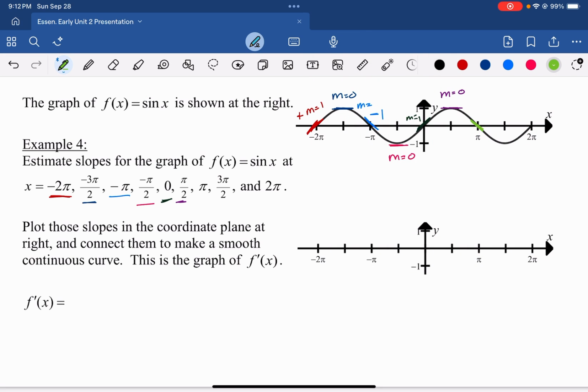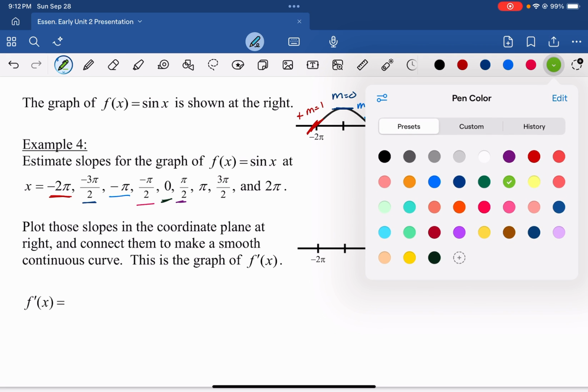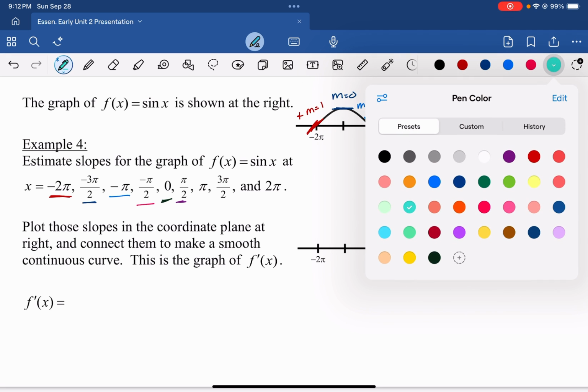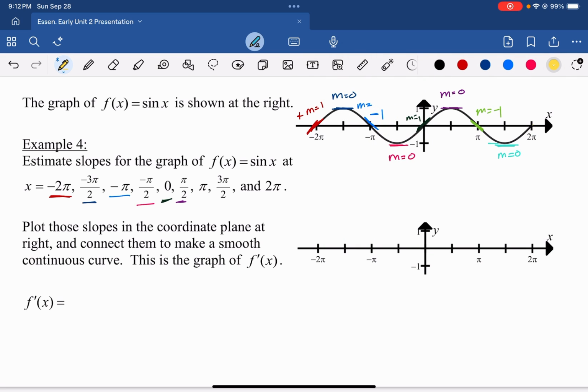At pi, our slope is negative 1. At 3 pi halves, our slope is 0, because if I were to draw that tangent line in, we'd have a slope of 0. And last, at 2 pi, we get a positive 1.